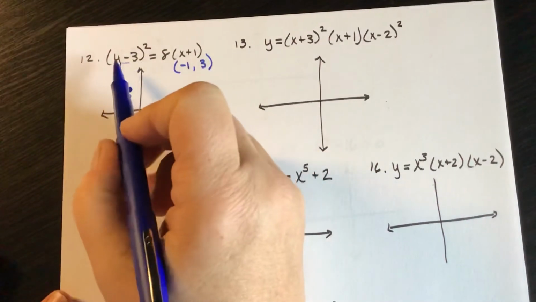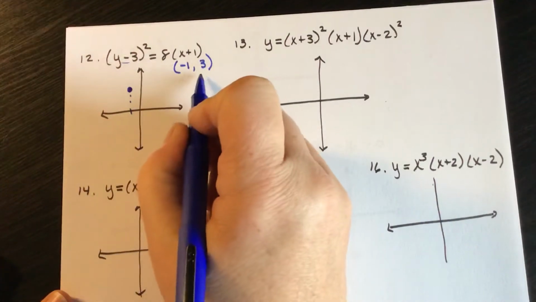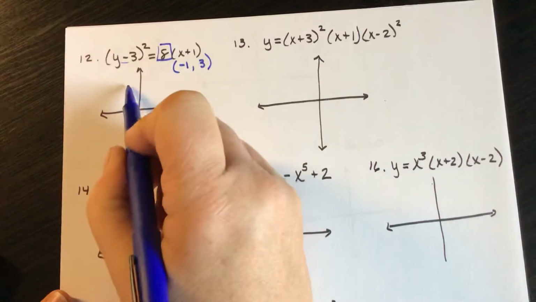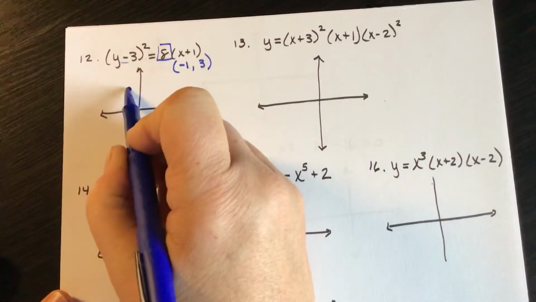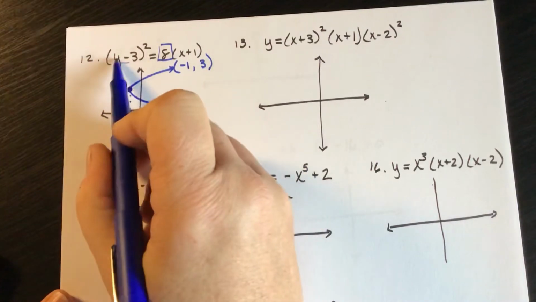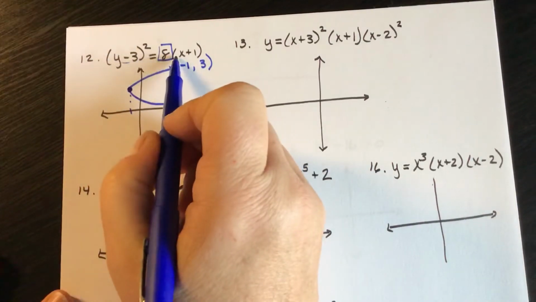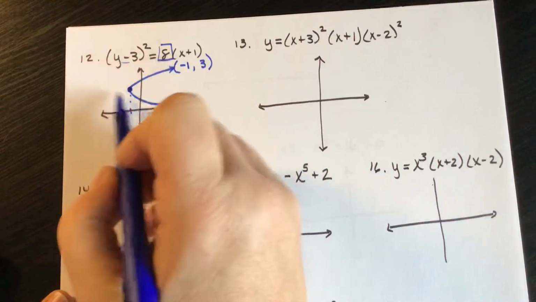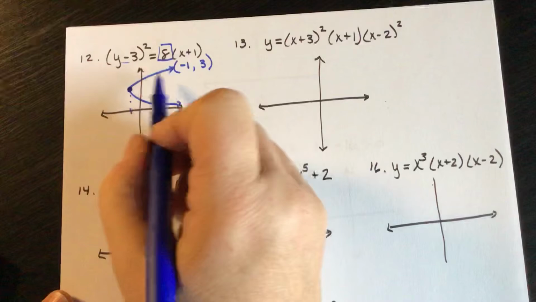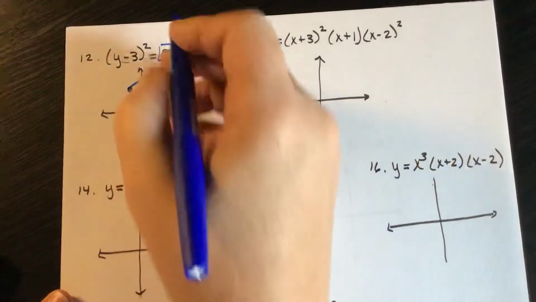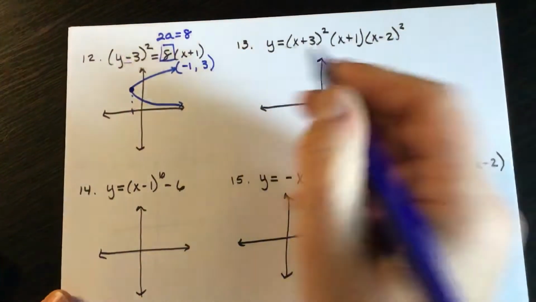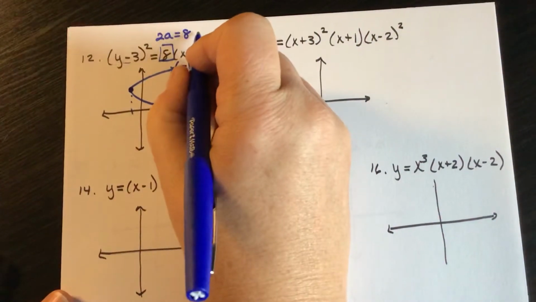And it's going to open in a positive direction because this value is positive, so it's going to open to the right. If it were x squared, like in a quadratic function, it would open up or down. Because it's y squared, it opens right or left. This 8 is 4a. So my a value is 2.